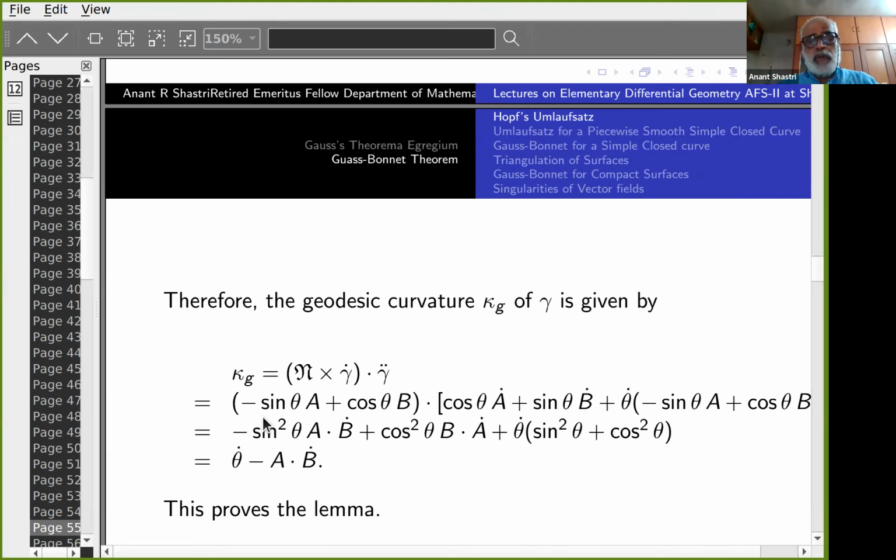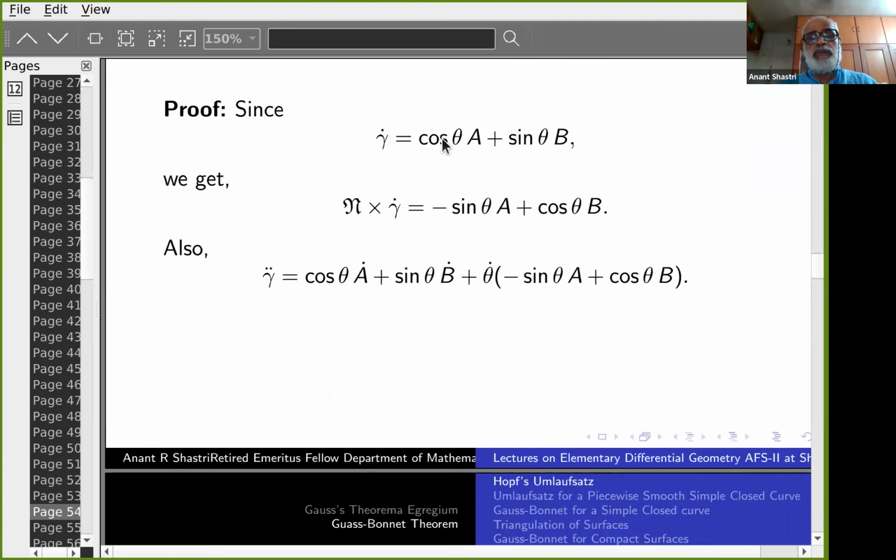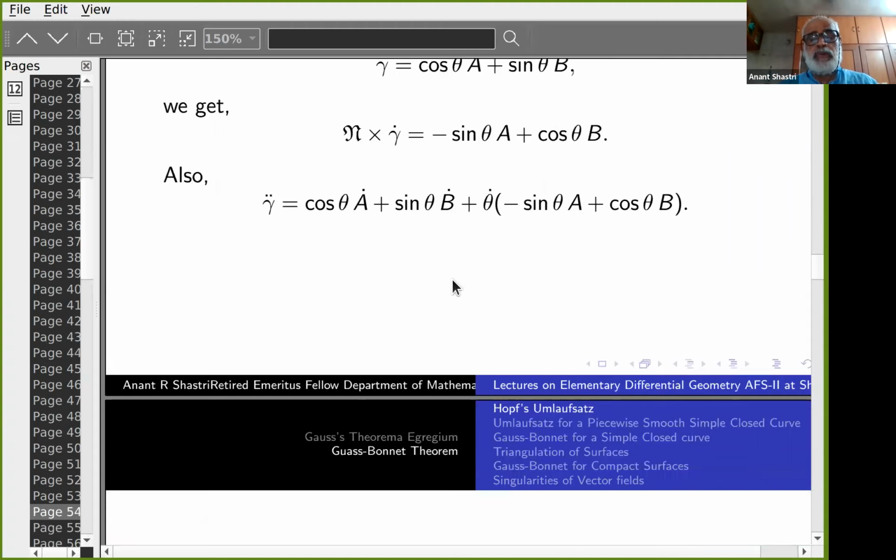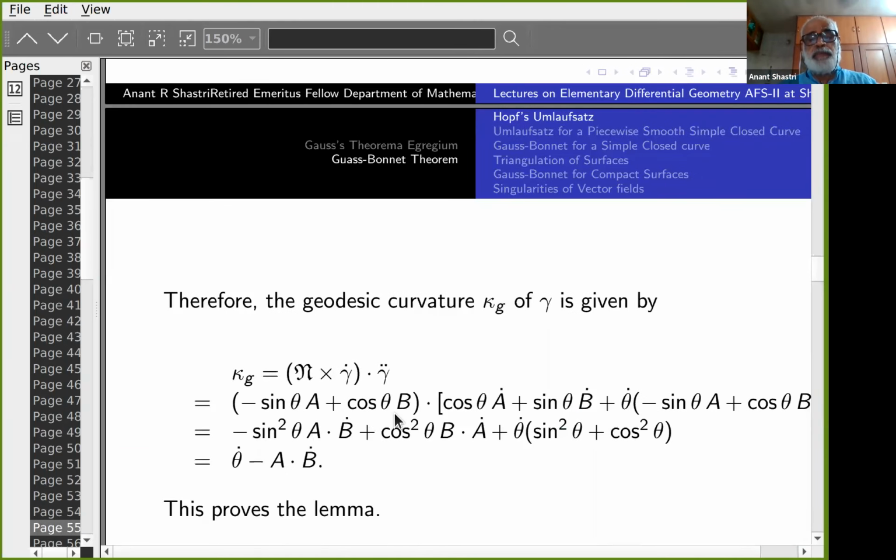That's equal to minus... I have got these two things here, this one and this one. I am taking now the dot product of this. The dot product will be minus sin theta A plus cos theta B dot with all these things, which is, you can just see, minus sin square theta A dot B dot plus cos square theta B dot A dot, but this is A dot B plus theta dot; these two cancel out, theta dot into sin square theta plus cos square theta.